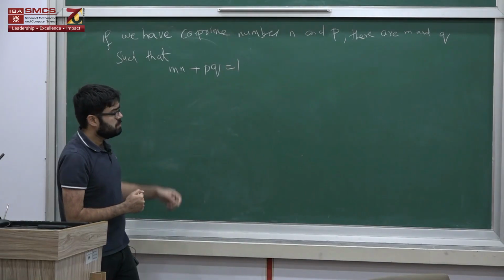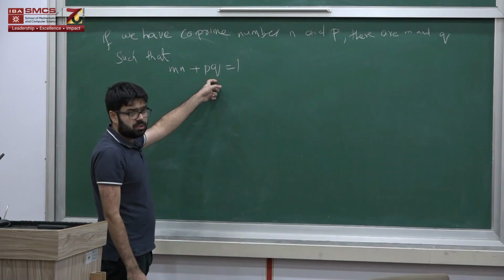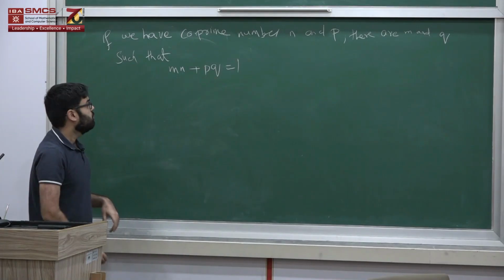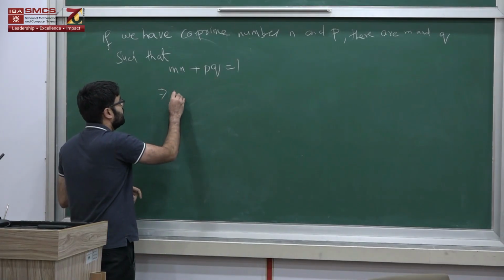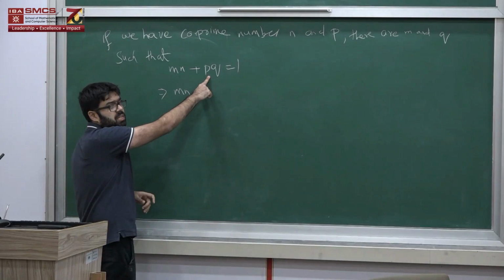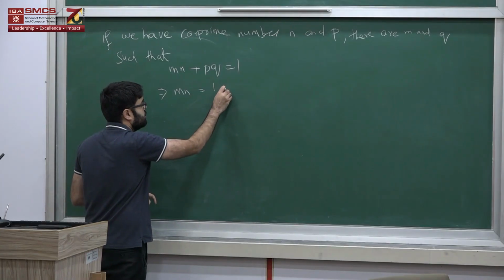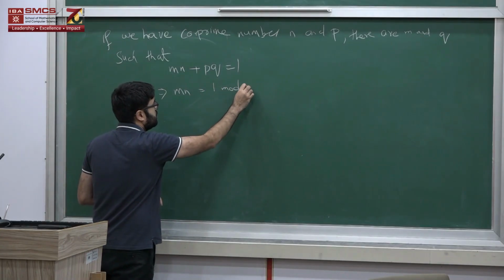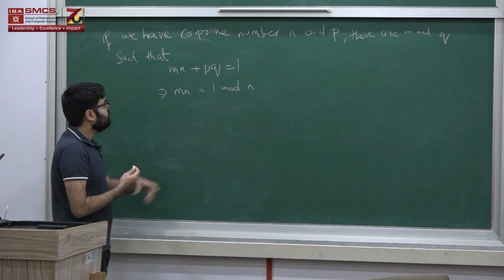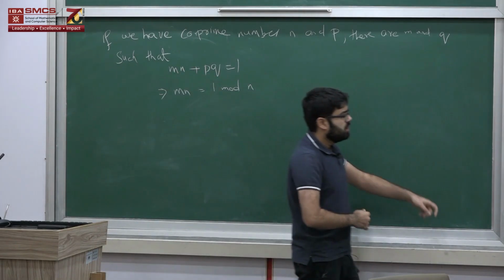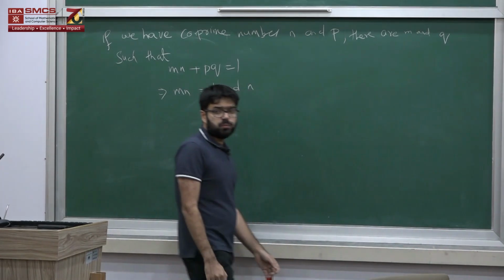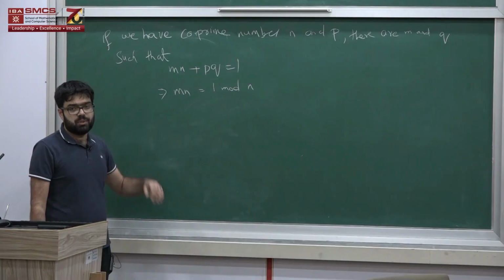So what this means is that if I reduce this equation modulo n, m n, so this is a multiple of p, is 1 mod n. And if p is a prime, every number from 0 to p minus 1 is coprime to p.